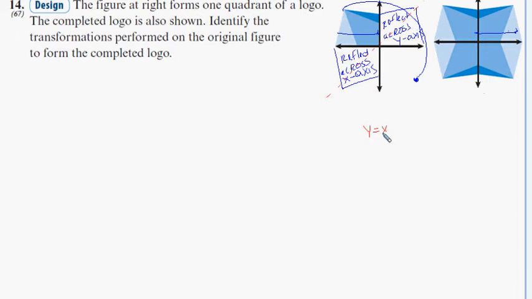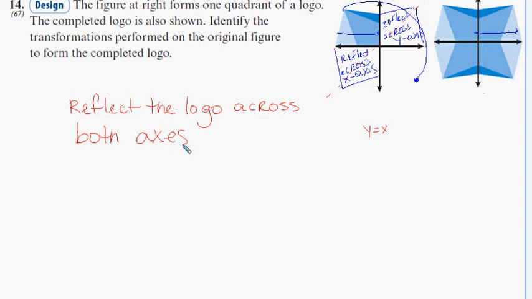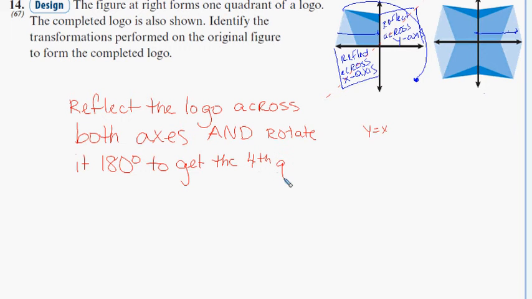So to answer that question, you could say reflect the logo across both axes, and rotate it 180 degrees to get the 4th quadrant, okay?